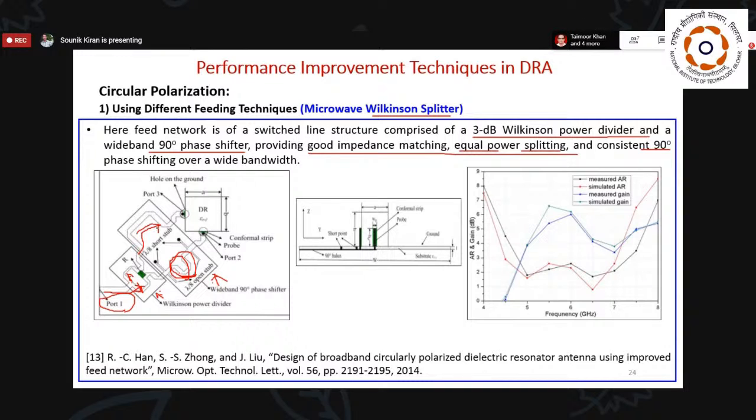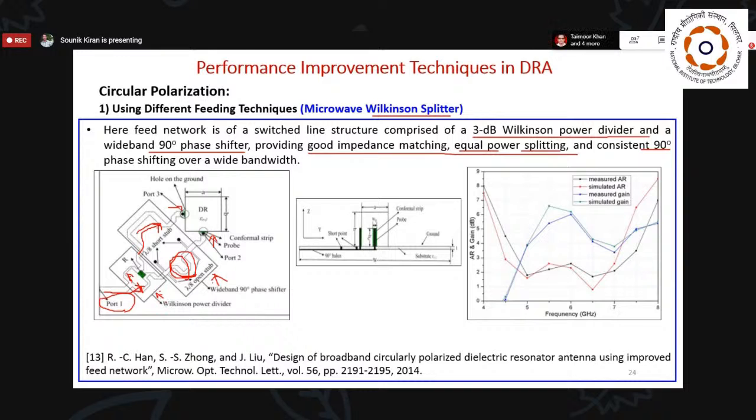If one is going at 0 degree, the other is going at 90-degree phase. When the input finally comes to these two ports, they are 90-degree out of phase. Once those two signals are out of phase, that will be able to create circular polarization. So here basically we need to think about two parts.